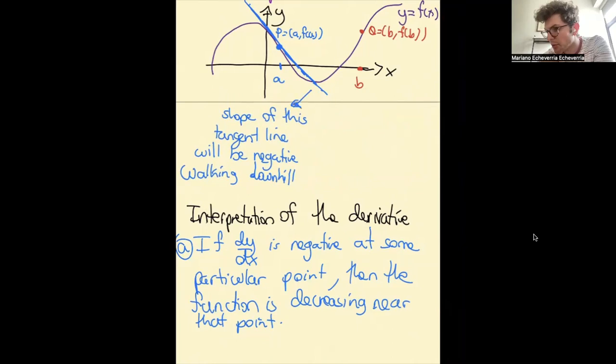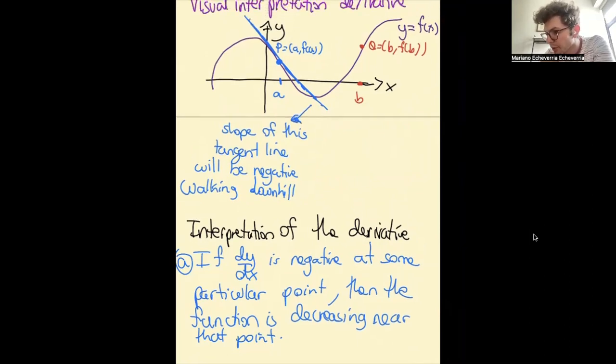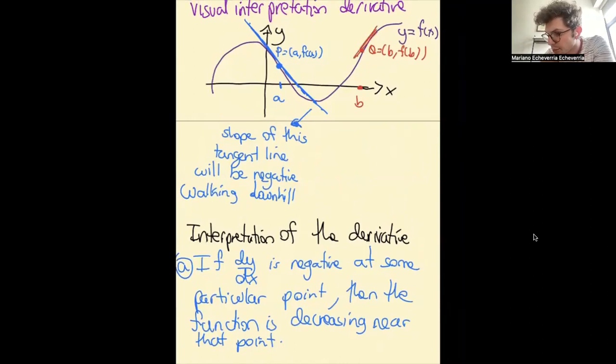But what can you say about the other point that I'm drawing for you? Let's say this point Q. If you look at this point Q, at the red point, the slope should be positive in this case.